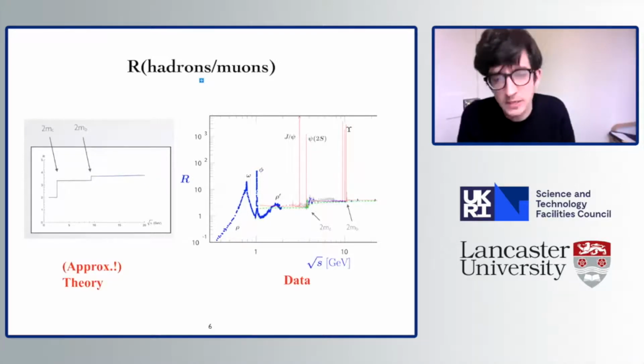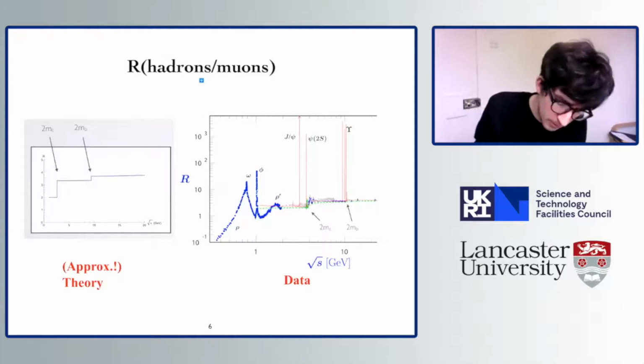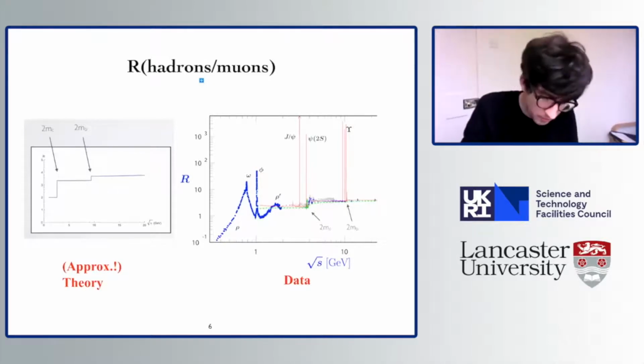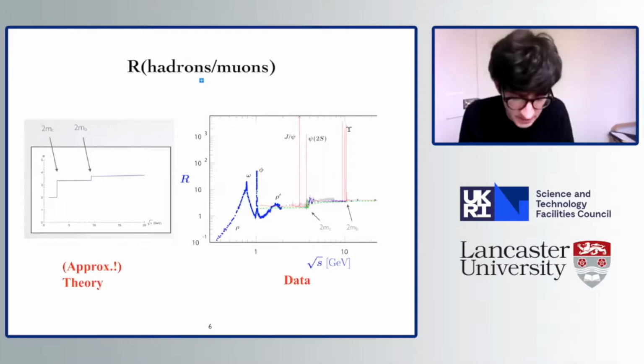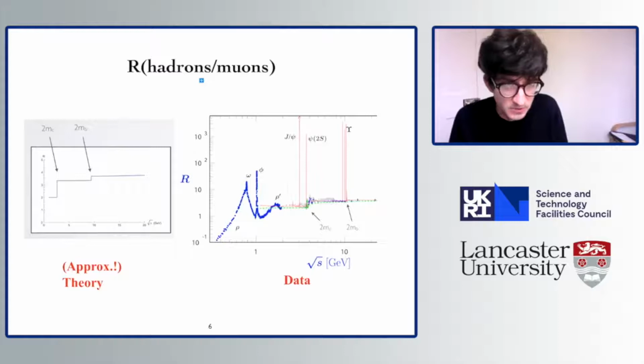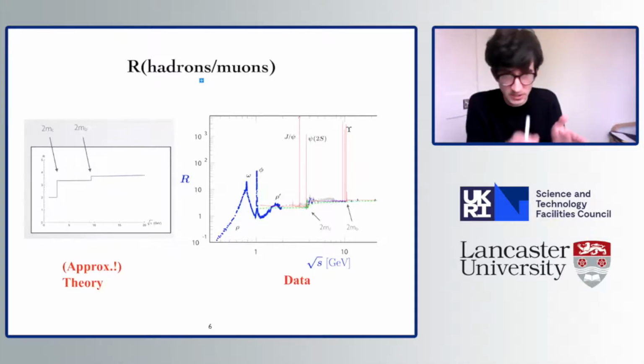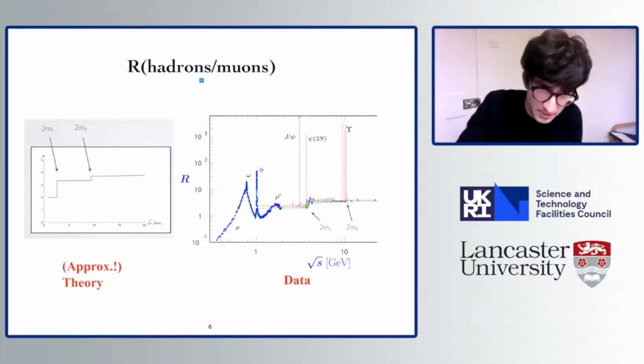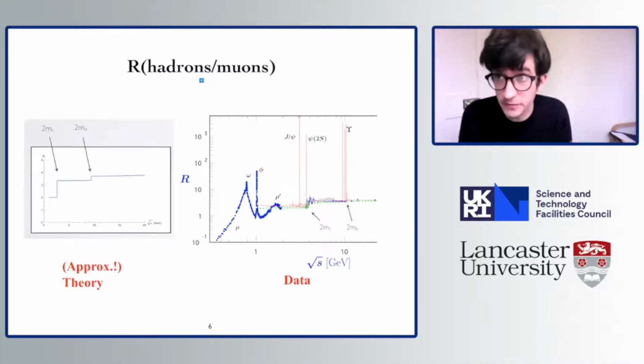So here is plotted R against some real data on the right hand side, and on the left hand side I've essentially plotted in Mathematica that very basic formula I've just shown, which is just a constant until you can produce the next type of quark, and then it rises and so on. That's what you've got there, the thresholds for the different quark types.